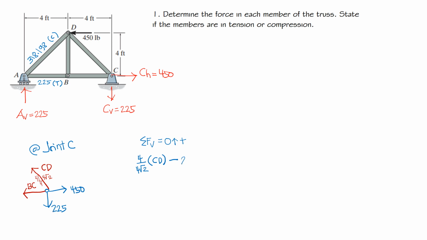There are no other vertical forces, so that's equal to 0. So CD now becomes 318.198, and it's positive, so our assumed direction is correct. That's tension.